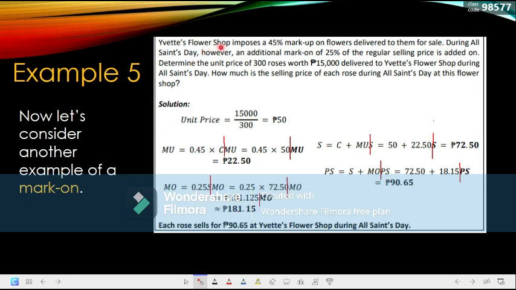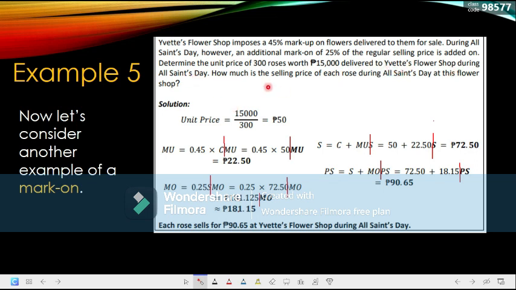Yvette's flower shop imposes a 45% markup on flowers delivered to them for sale. During All Saints' Day, however, an additional mark-on of 25% of the regular selling price is added on. Determine the unit price of 300 roses worth 15,000 pesos delivered to Yvette's flower shop during All Saints' Day.